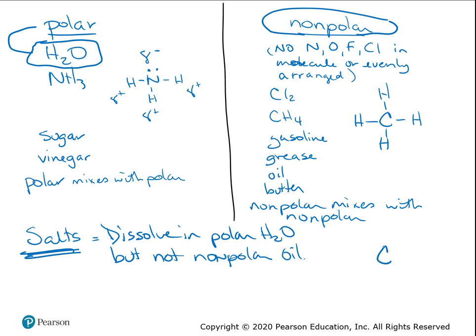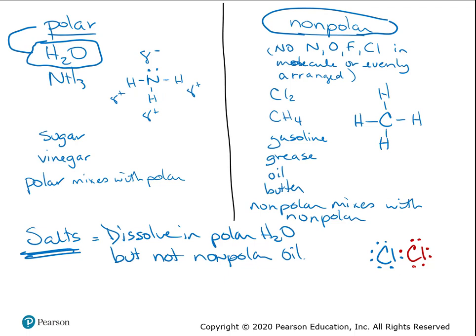You're like, oh, but chlorine's an electronegative. Yes, but chlorine gas has to share its electrons equally because they both have the same pull. They just get really close together because they're like mine, no mine, right? But those electrons end up right in the middle. So chlorine's a non-polar molecule.